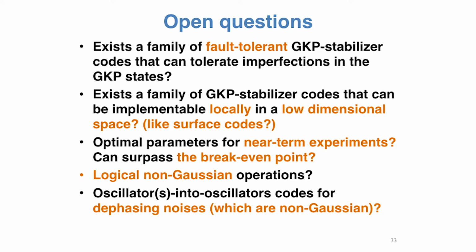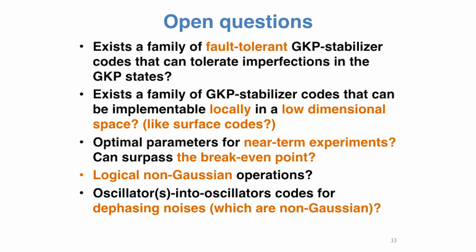So the natural open questions are whether there is a nice class of Gaussian unitaries that actually can define some fault-tolerant variant of this code. So that could be one open question that we can think of. And the other question is, I only consider the smallest code, but whether there is some locally implementable bosonic code in this fashion. That would be, I think, another interesting thing to look into.